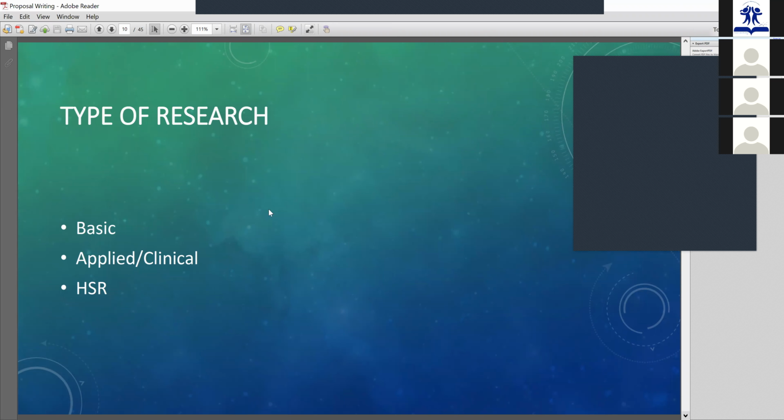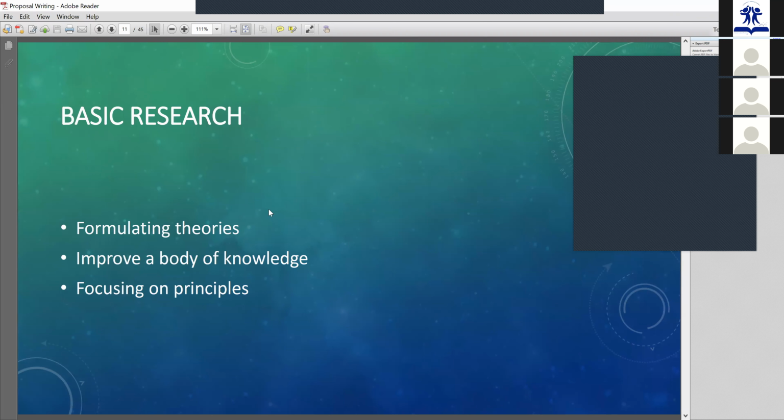Basic research is research that tries to formulate theories or to improve a body of knowledge, and it focuses on principles. For example, studying the genetics of a specific disease can be a kind of basic research.